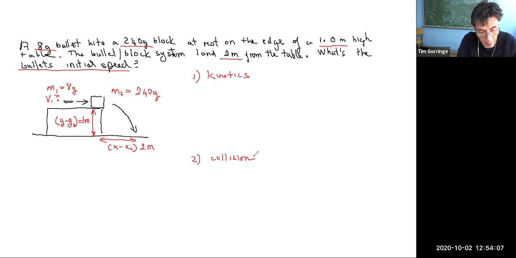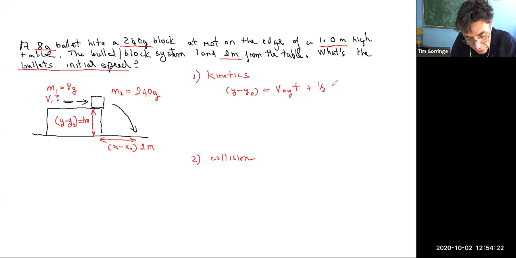I did that by analyzing the vertical motion and using this equation of motion that describes the vertical motion. It relates the distance traveled to the initial velocity, the acceleration, and the time taken. And we're going to solve it for the time taken.